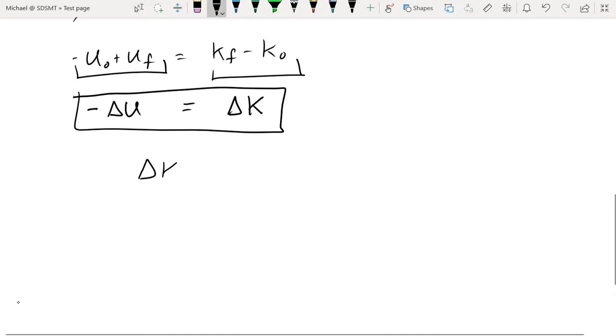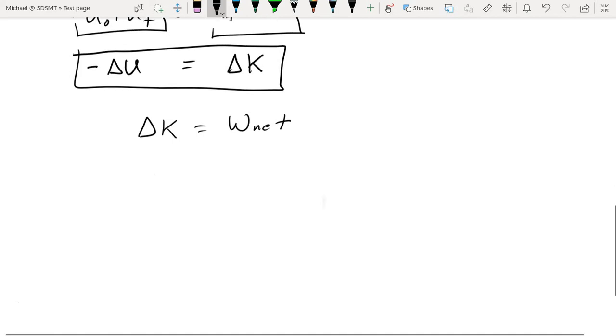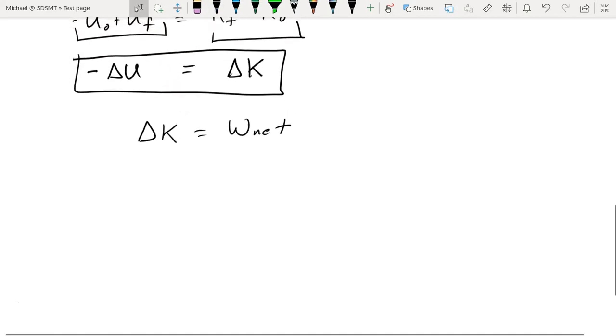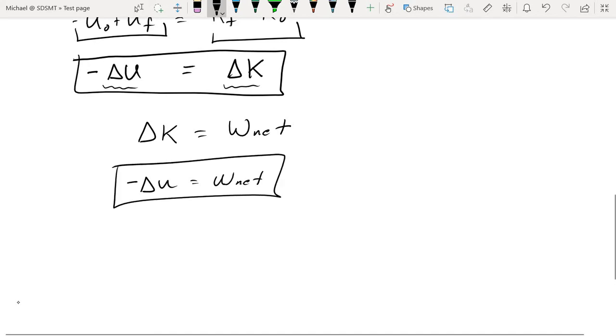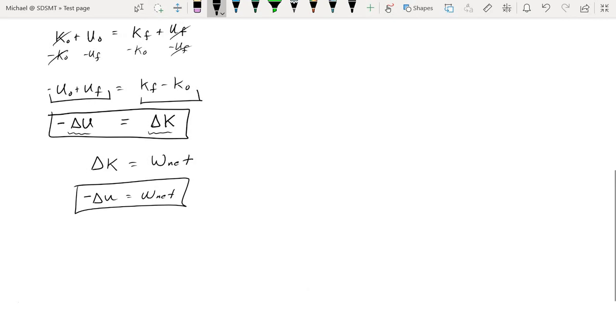And lastly, from Physics 1, we learned that the net work done by any collection of forces in a system will be responsible for changing the kinetic energy. But if the kinetic energy has to change in an equal and opposite amount to the potential energy, then any work that is done is also responsible for changing the potential energy.